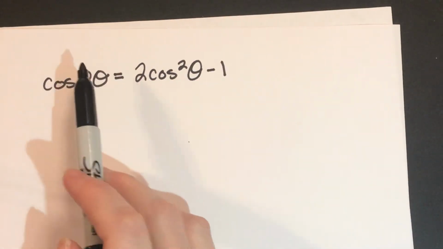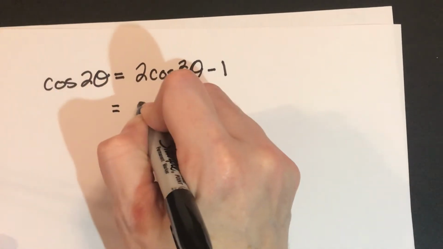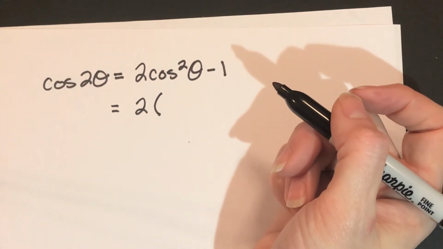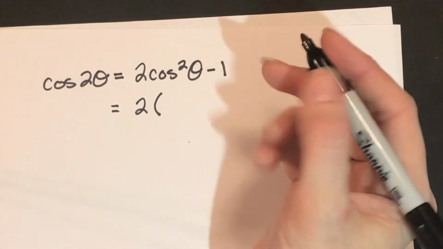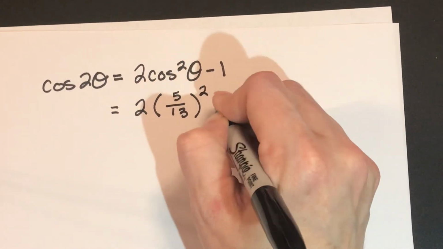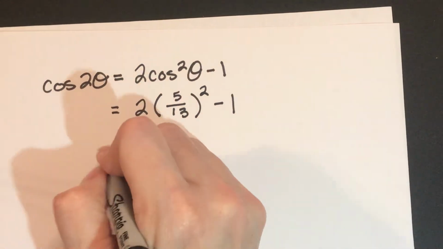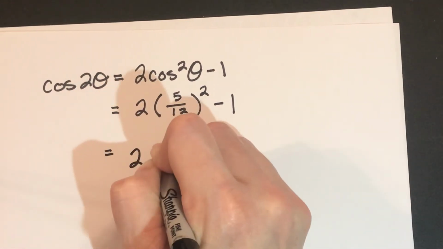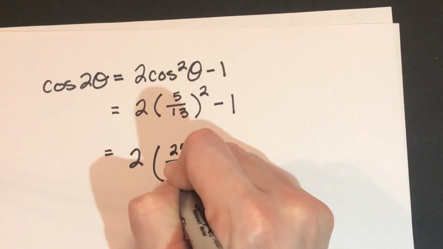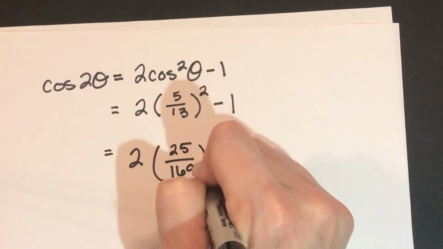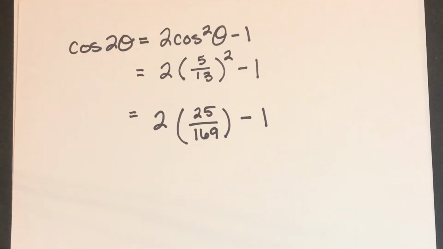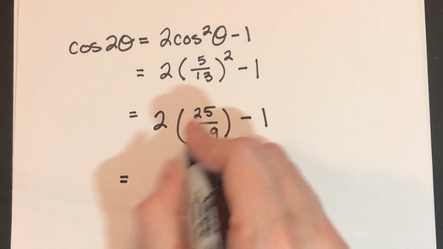So that's the formula. So 2 times the cosine squared. We found that the cosine was 5 over 13, and then squared, minus 1. So 2 times 5 squared is 25. 13 squared is 169 minus 1. 2 times 25.